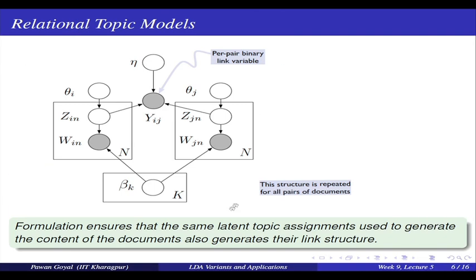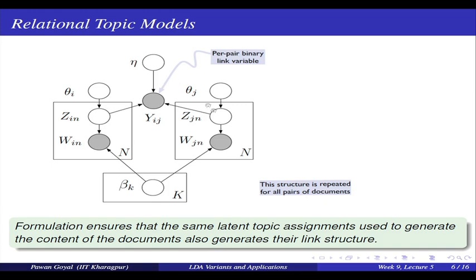So, coming back to the model, what this formulation ensures is that the same latent topic assignment is used to generate the content of the document, and it also generates their linkage structure. So, you are not separately learning the linkage structure, you are learning it at the same time when you are learning your topic distributions.